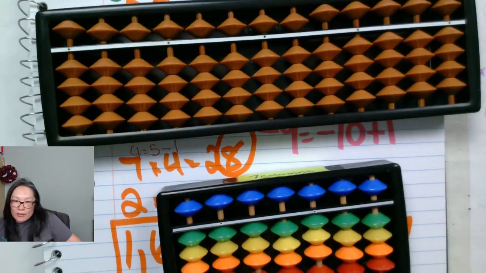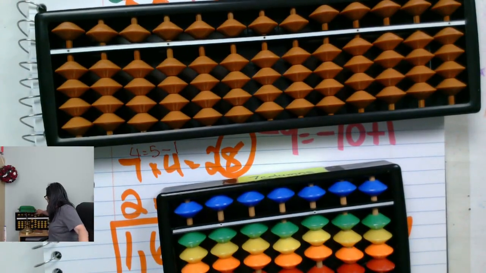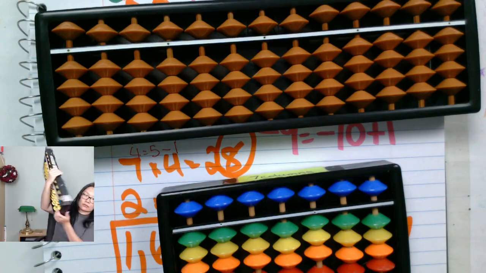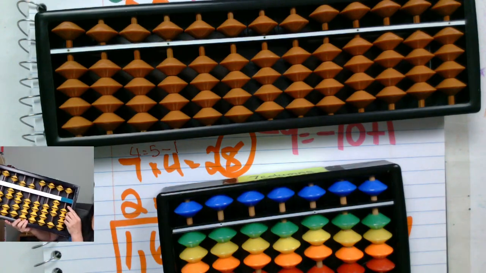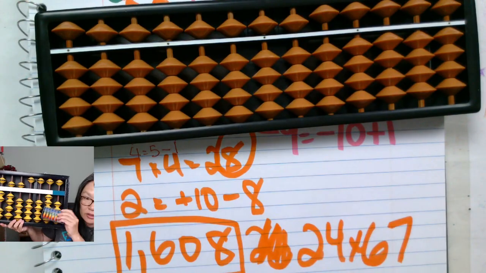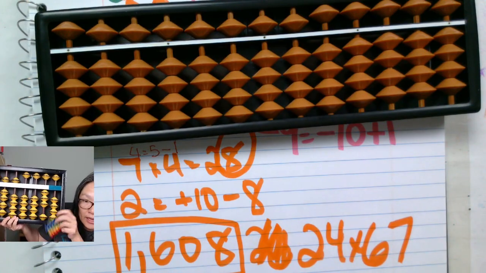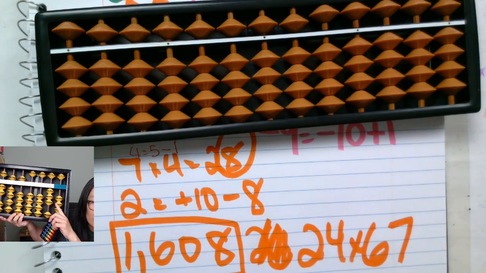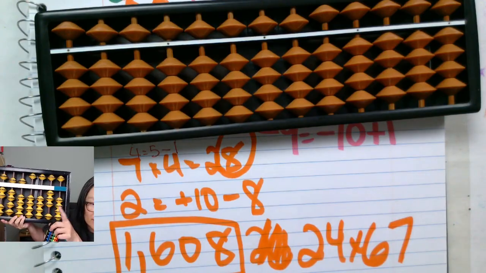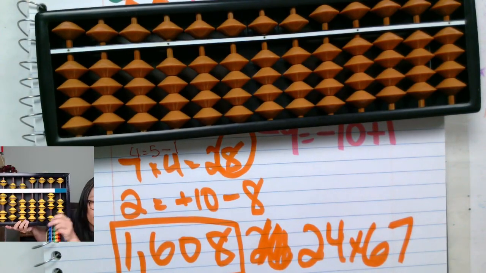Or are you talking about a big one? This one's a teacher's one, so then they could see it at the back of the room. Yeah. This is a teacher's abacus because then they could see it across the room. And then it stands up. Right. This one you can't stand up.